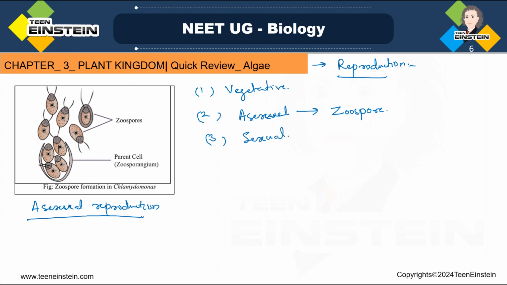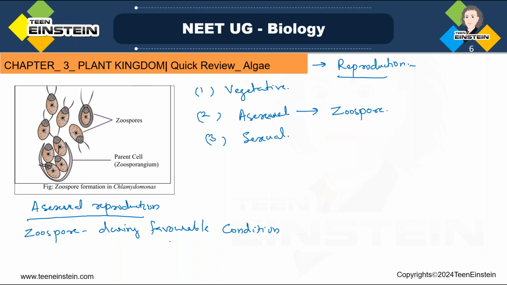During asexual reproduction, if favorable condition is present, they will form zoospores. Zoospore formation during favorable condition. This is one mode of asexual reproduction.